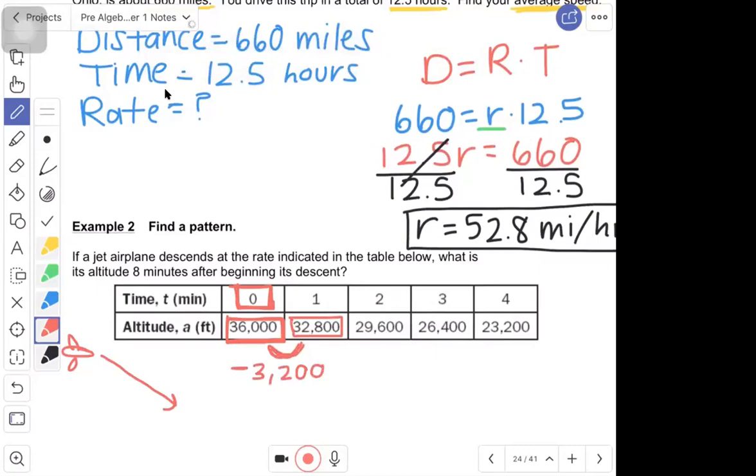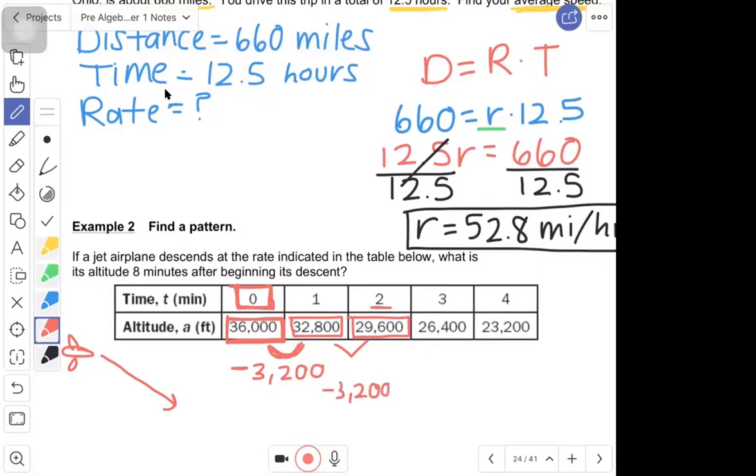So then after 2 minutes, we're at 29,600 feet. So then how much did we go down? How many feet did we descend? 3,200. Nice, yeah. So 3,200 also.